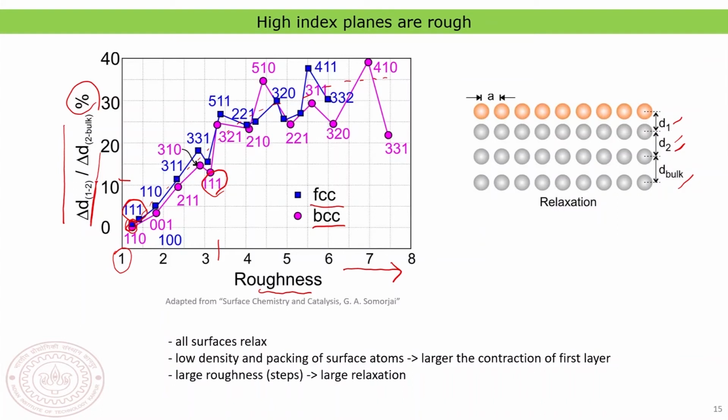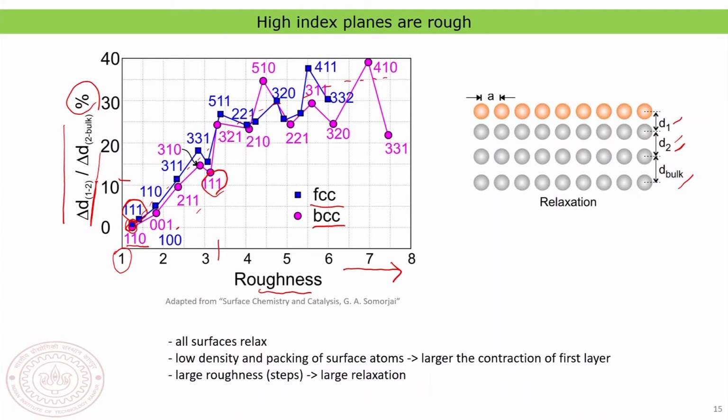It is also noted that the BCC 110 surface is the lowest rough surface in the case of BCC, but then it is the 001 surface and then the 211 surface and so on. Of course, in this diagram, not all surfaces are included.